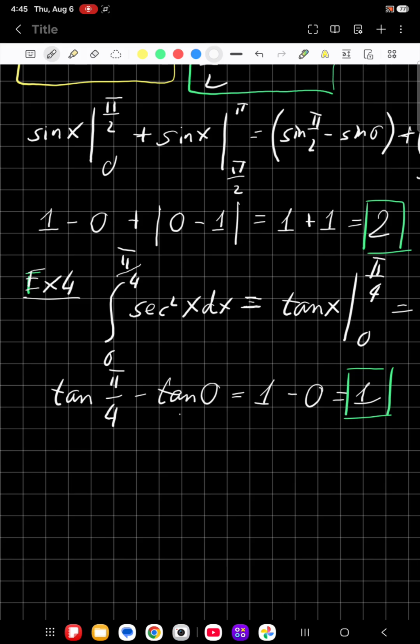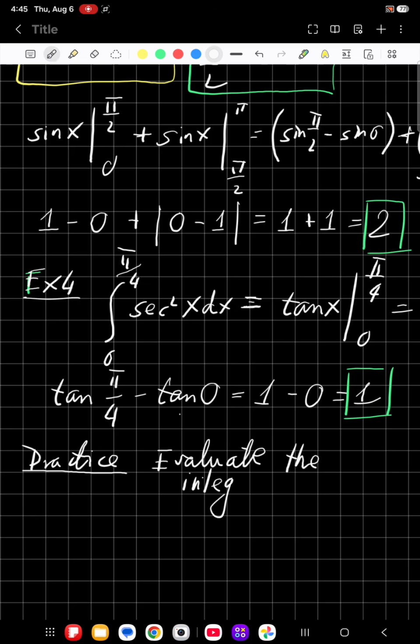For now, let me give you a couple of problems to do. Practice. Evaluate the integrals. The first one is from 0 to 2, and the function is 6x.